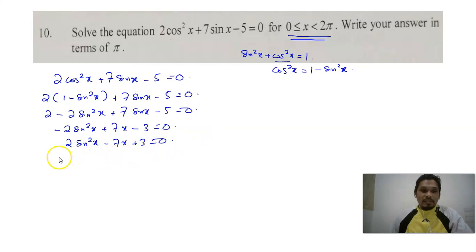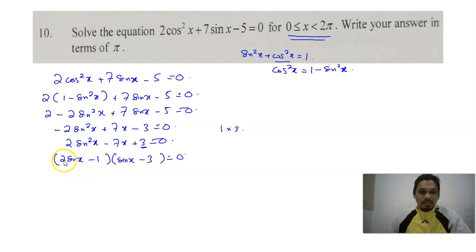Now, factorize this. 2 sine x and sine x, where the 3 here is a pairing of numbers, 1 multiplied with 3. So 2 sine x times negative 3 equals negative 6, and then minus 1.